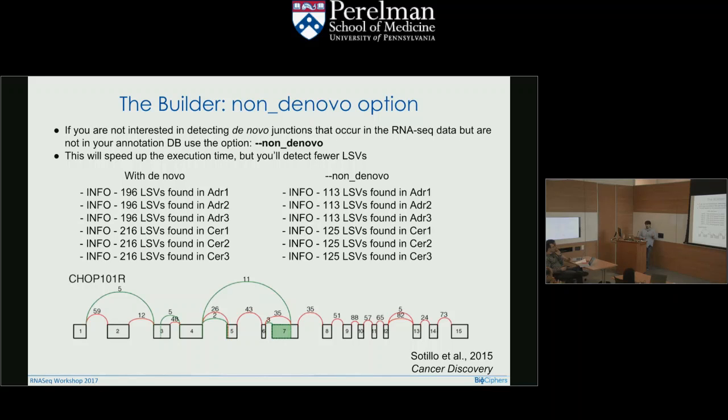If you have many samples where you want to do hundreds of pairwise delta psi comparisons, that would take a very long time when you're looking for de novo. So that's a way to maximize the speed of the execution. That's something you might want to consider a use for non-de novo.